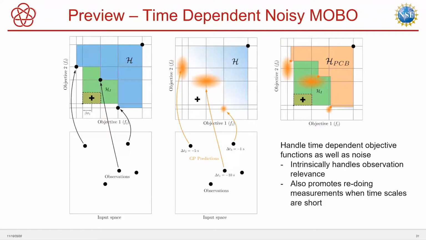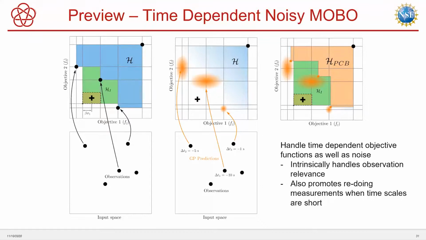However, if you take into account noise and potential drift, it might be the case that those points in input space are no longer Pareto optimal. And so in order to take this into account, instead of using a discrete point that defines our Pareto front, we have to define each point in input space as a probability distribution.